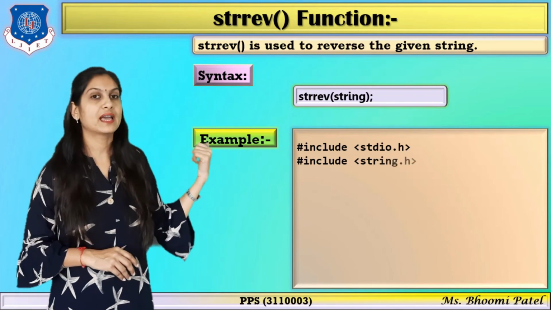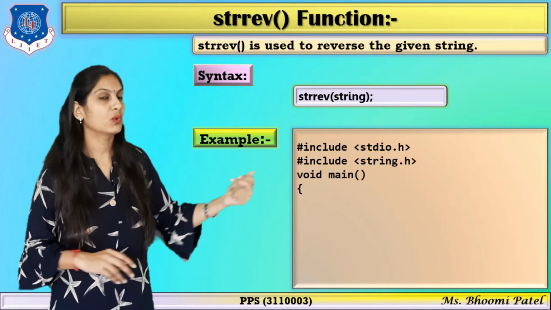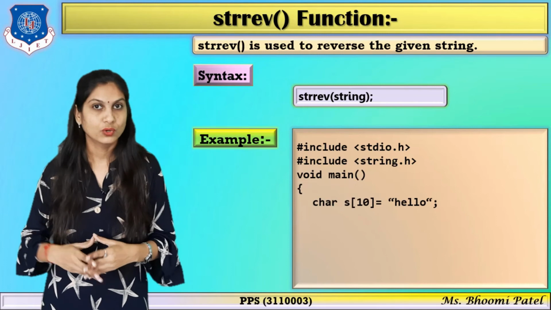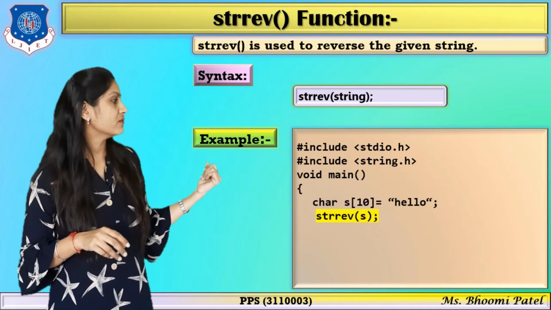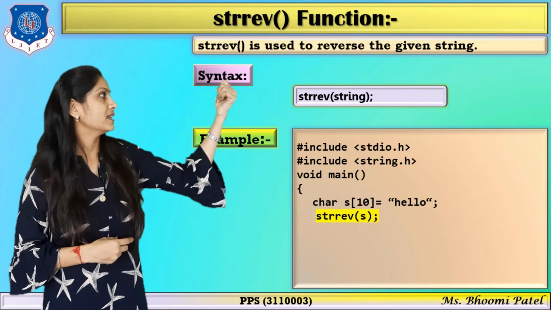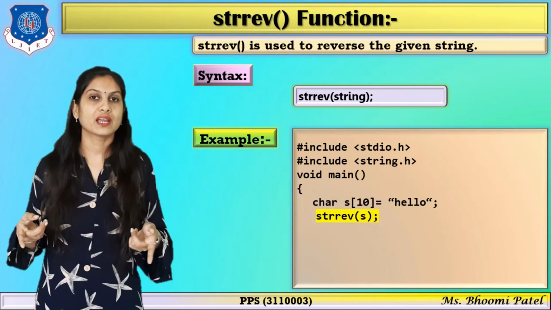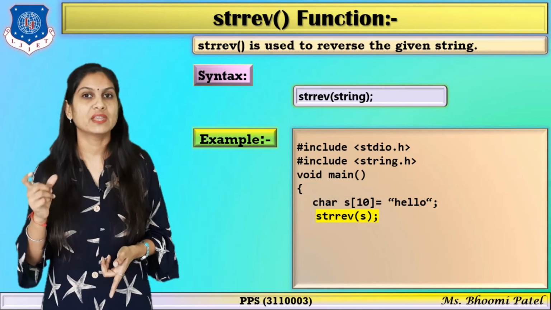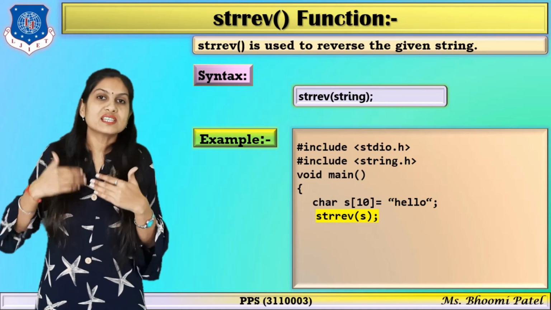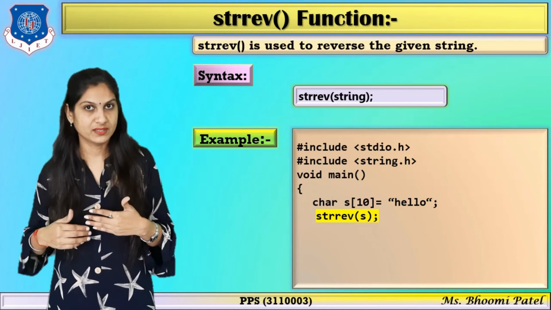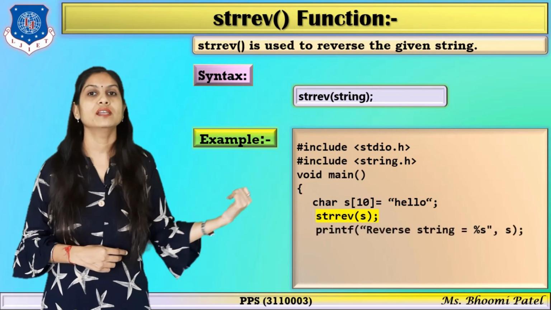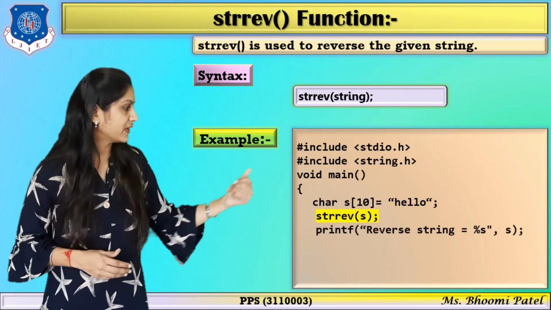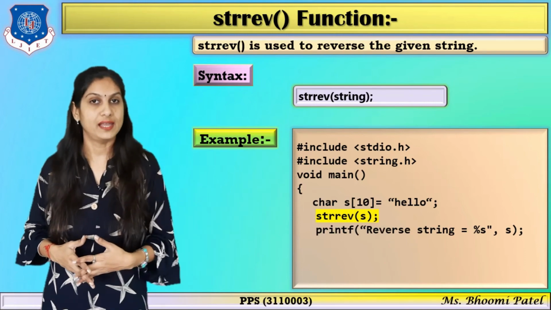So first write char s of 10 equals, in double quotes, hello. That value we now reverse. So for that which function do we have to use? strrev, and inside the brackets we have to write the string name, that is s. So the original string will now be reversed, and in the same way we display it using the printf function: reverse string equals %s and then s.